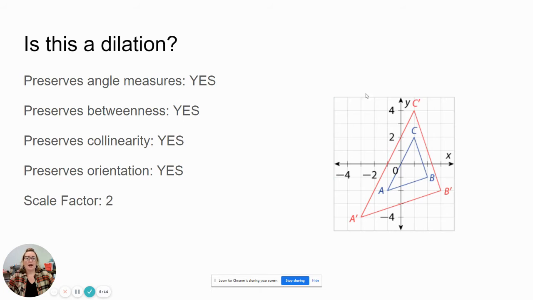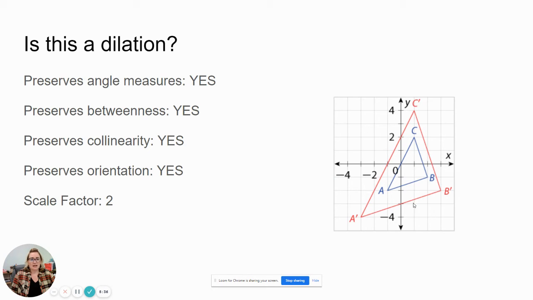So if we look at a graph like this, we would go through and say, okay, are the angle measures about the same? Yep, C and C look about the same, B and B, A and A, just an eyeball. Okay, is it preserving betweenness? Well, the distance between A and C looks like it's about the same the whole time, right? The shape doesn't look different. We haven't changed anything.